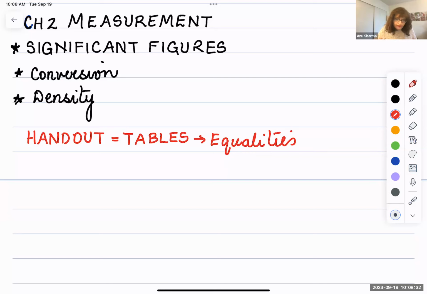Now, the rules regarding the significant figures: you should know what the rules are. Even in the handout, I have given you the rules. Okay, let's do a review. What are the rules? Rules for the significant figures.